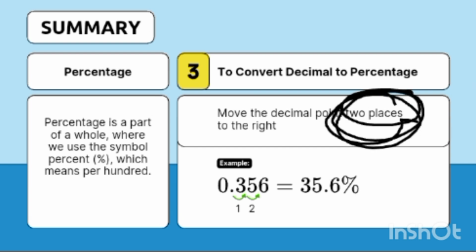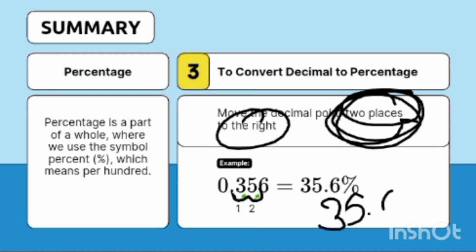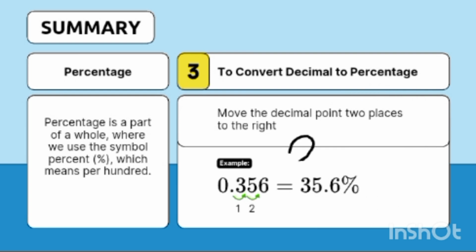When we move two places to the right, it makes 35.6. It doesn't mean that you will put 35% 6. It means that the percentage is 35.6%.